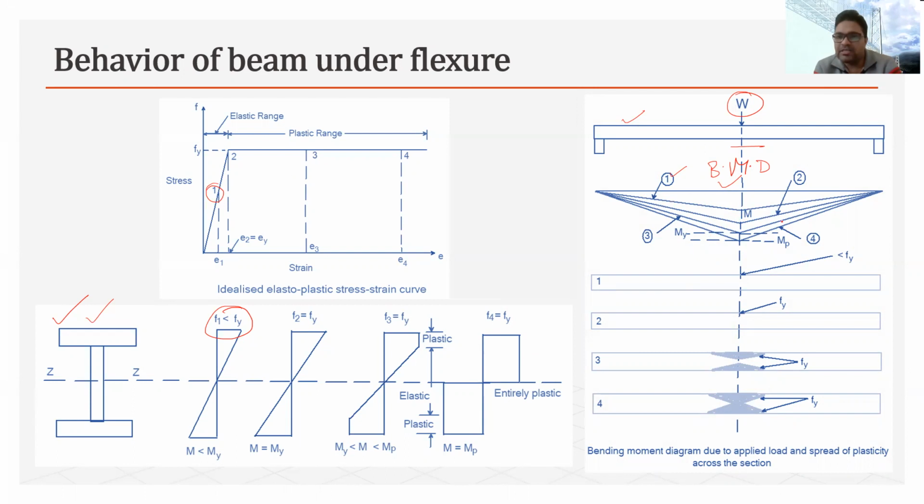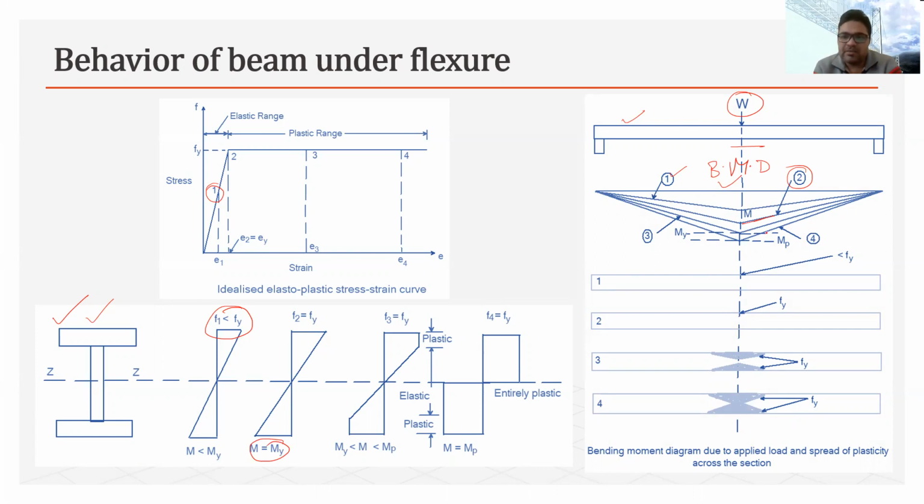Similarly on further increment, you can see the diagram is increasing, which means the area of the bending moment is increasing, which means the M value is equivalent to the My.